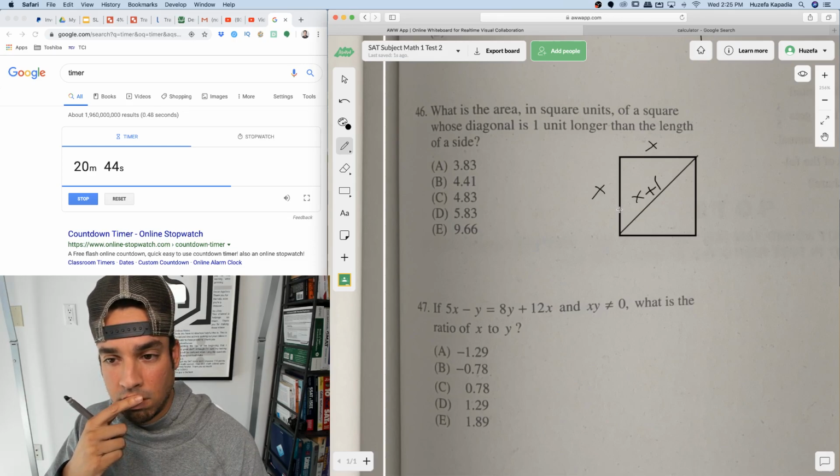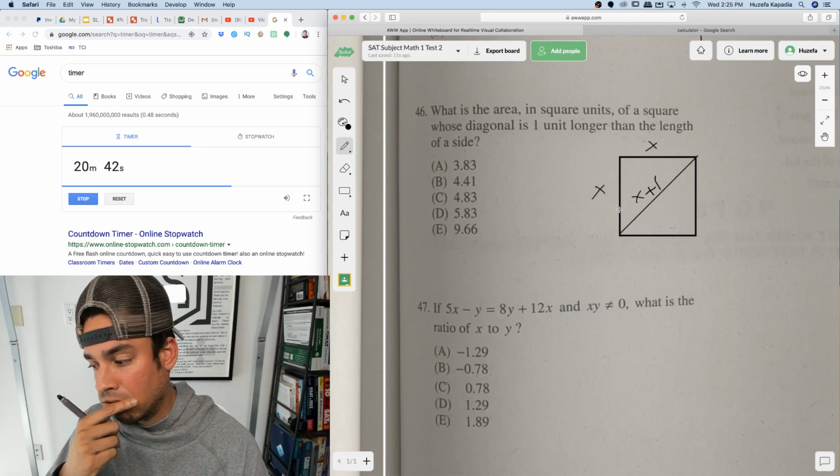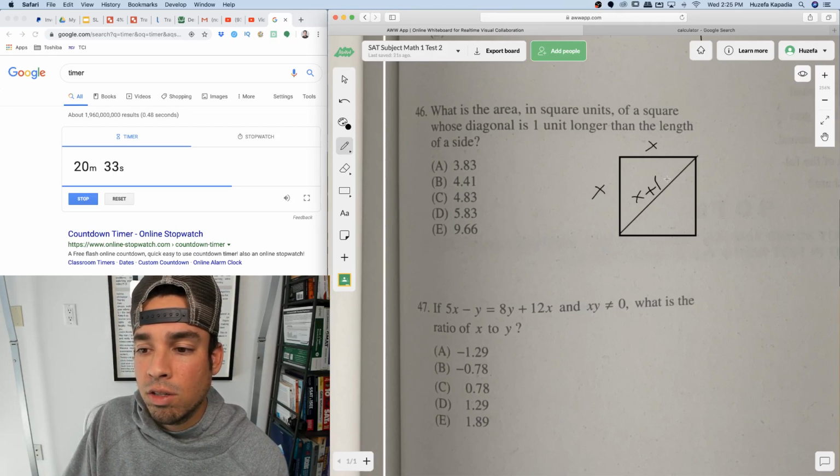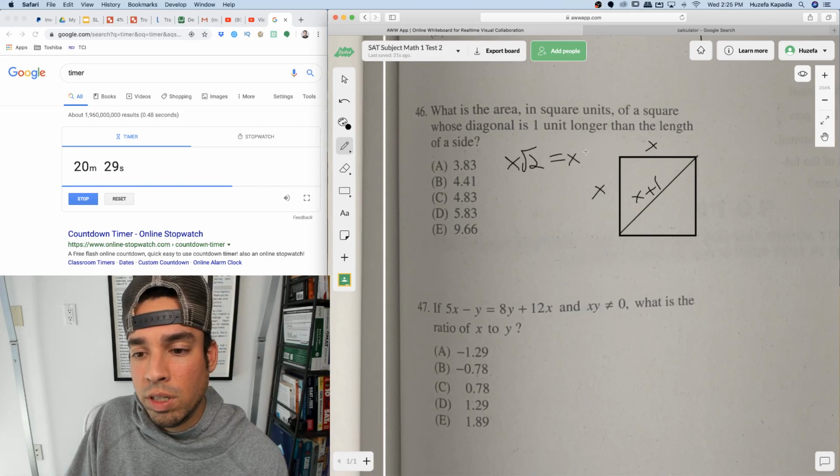Wait a minute. What? Oh, I know. In any square, the diagonal is also x root 2. So they're saying x root 2 equals x plus 1.